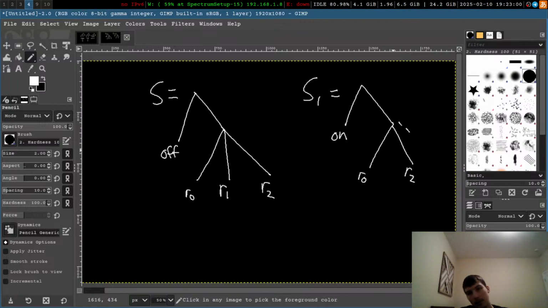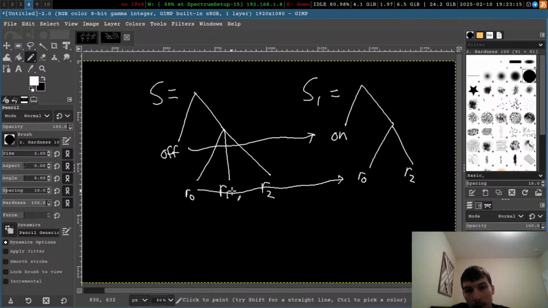So I'm not really sure what this is actually supposed to look like, but I think I know what should happen. We should obviously go from off to on. We're going to keep this, and then we're going to remove this.